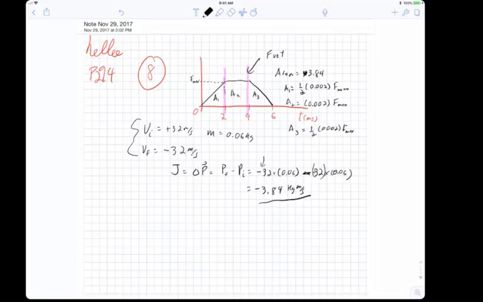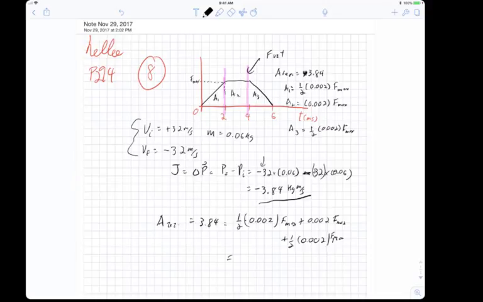So the A total is going to be 3.84, but that's also equal to 1/2 0.002 times F max plus 0.002 F max plus 1/2 0.002 F max. So let's add all of them up.